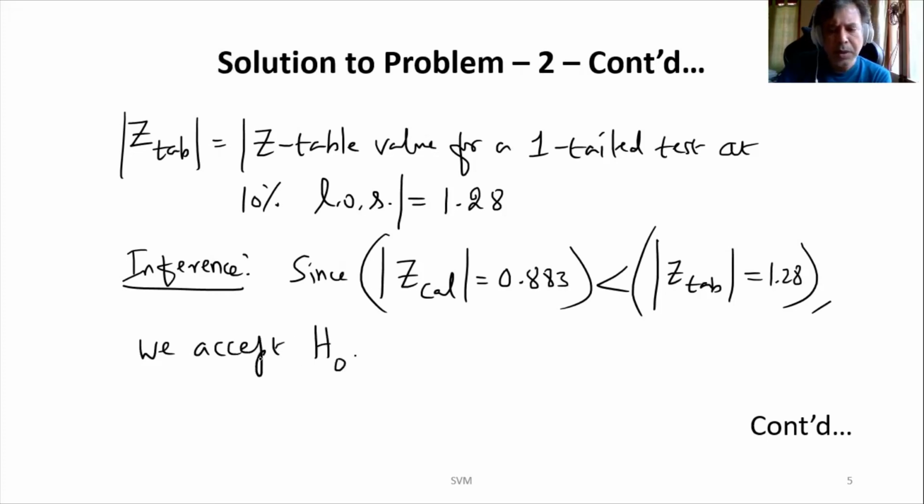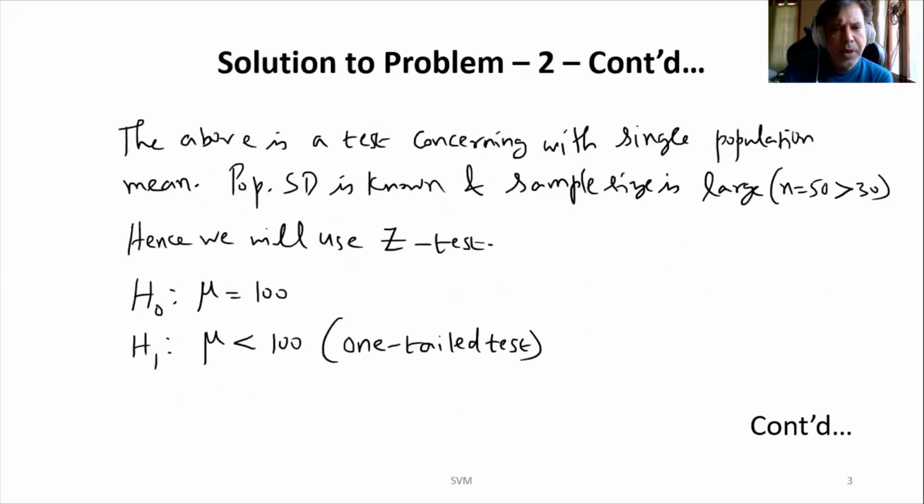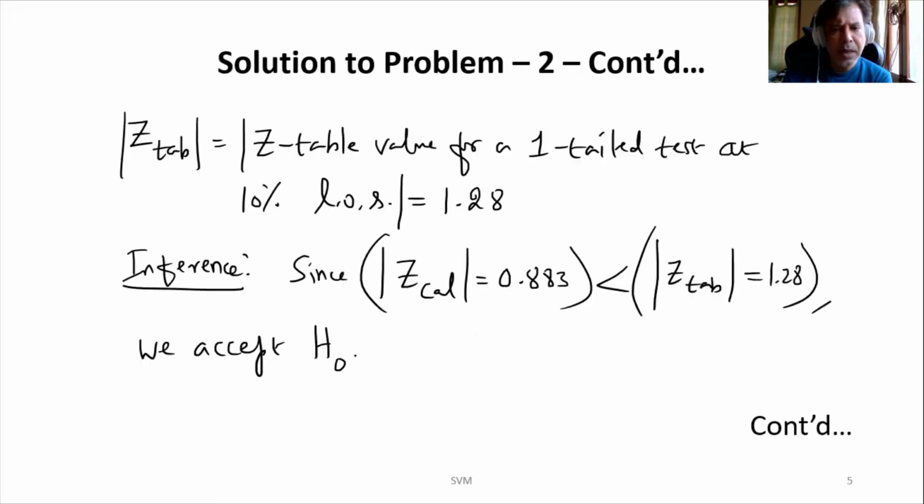That will be the conclusion. It means I can conclude that the population mean can be accepted, or there is no reason for rejecting that the population mean is 100. So it can be accepted. That will be the conclusion here.